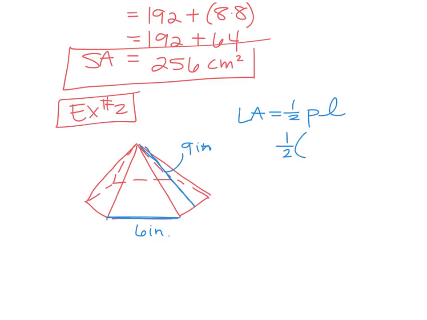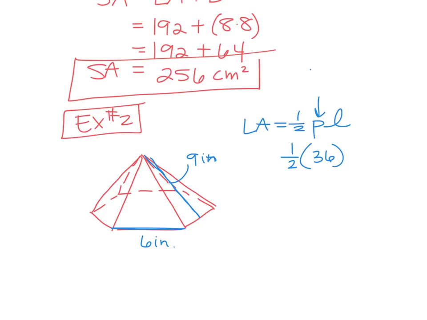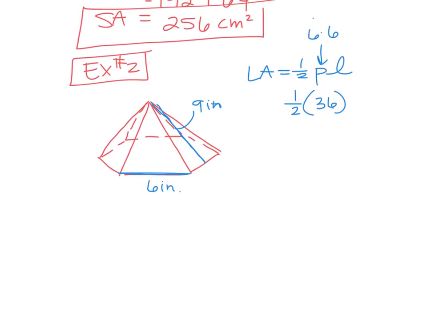It's a hexagon. Side lengths are 6, so 6 times 6, or 36 for your perimeter. And then what's L? 9. Okay, so again, not a lot that you have to do for that to find the lateral area. That comes out to 162.